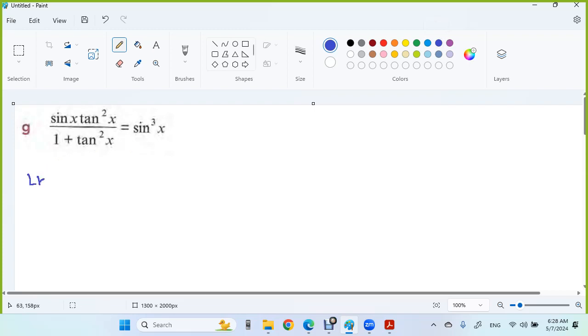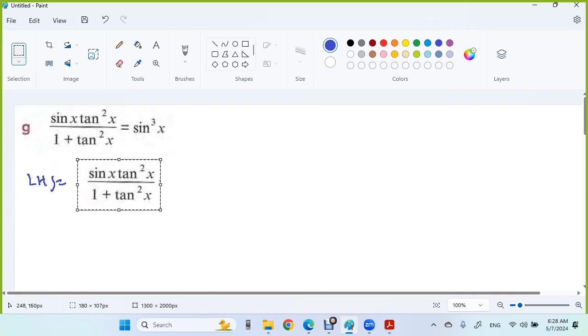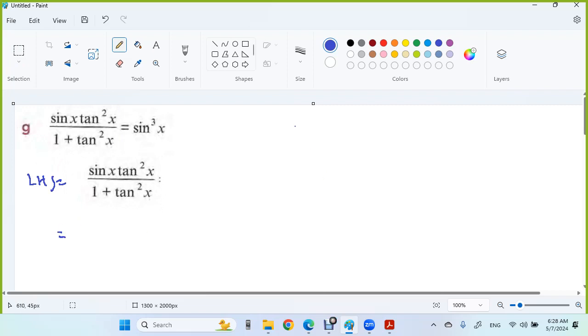So this one, the left hand side is this, and then we know that the 1 plus tangent square is the secant square, and then the tangent x equal to sine x over cos x.